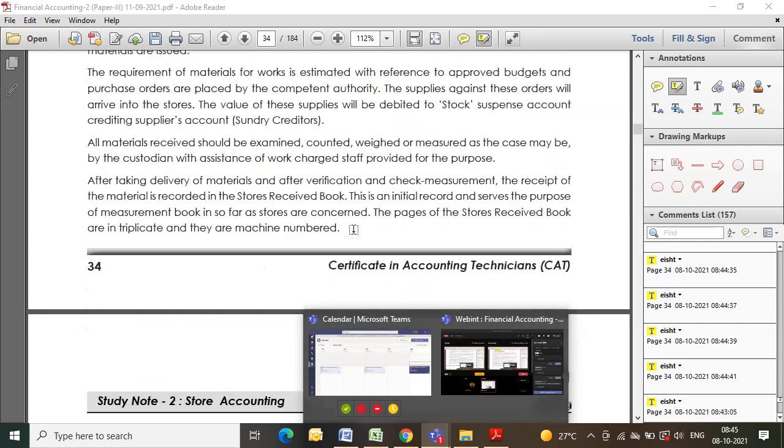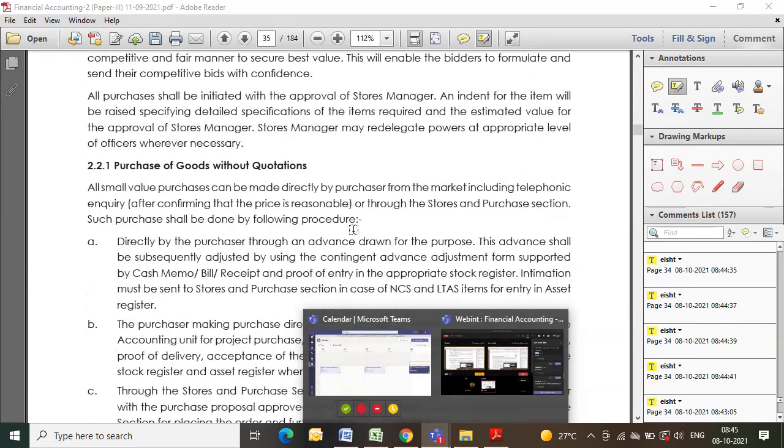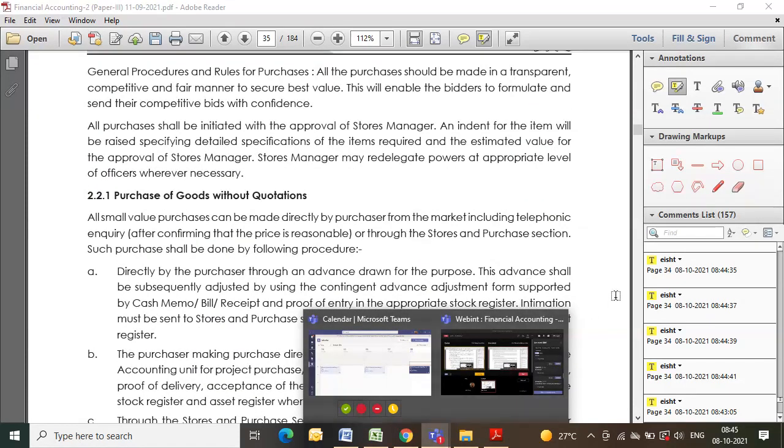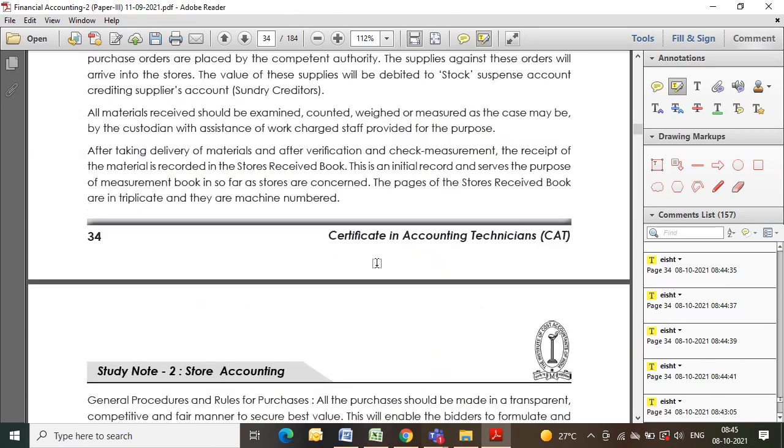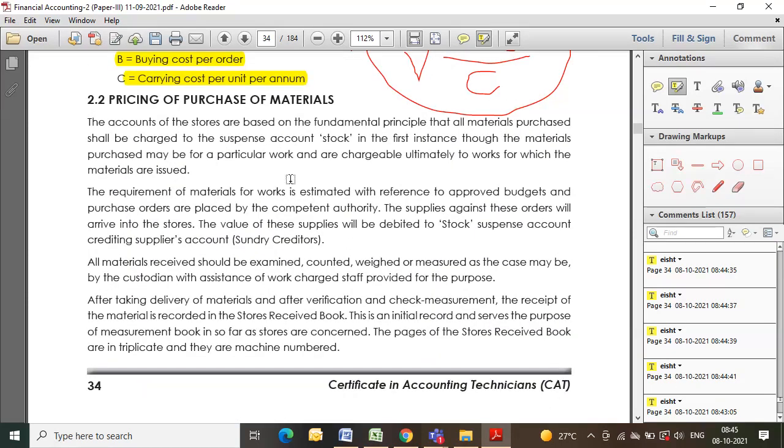Okay, moving on. So purchase of goods has to be with quotations. You have to ensure that the requirement has to be met. Value is normally debited to stock suspense when you buy this, and you credit suppliers.